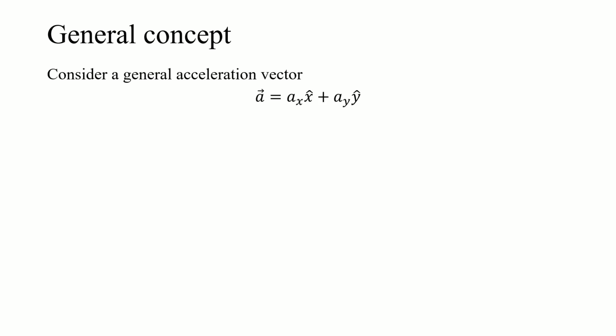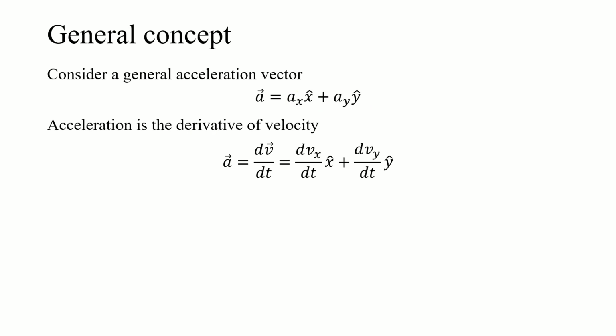So to see how this works, let's consider an acceleration vector, just a general one in 2 dimensions. We have that vector written in terms of components: some component in the x direction and some component in the y direction. The acceleration can be defined as the derivative of the velocity with respect to time.